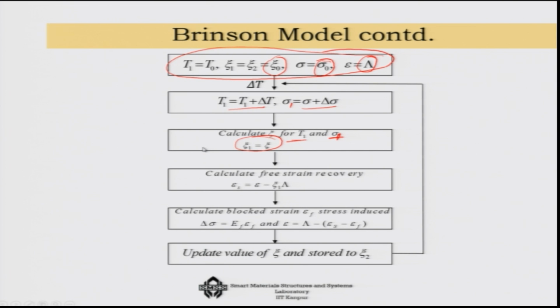I calculate the free strain recovery based on wherever we are at xi 1, and then I can calculate the block strain. That means, if I try to stop this whole thing, what is the block strain coming into the system, and then I update the value of xi and store it as xi 2. That is the loop in which we work until we follow the recovery path.